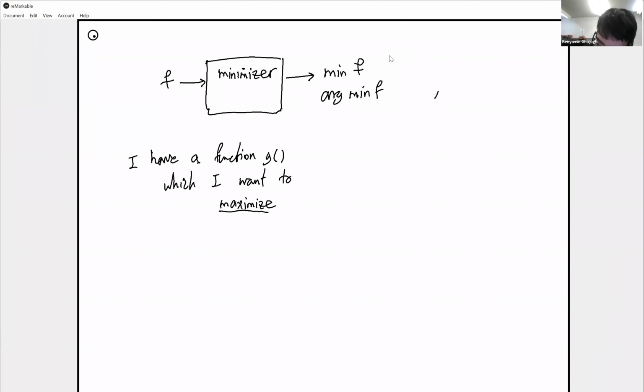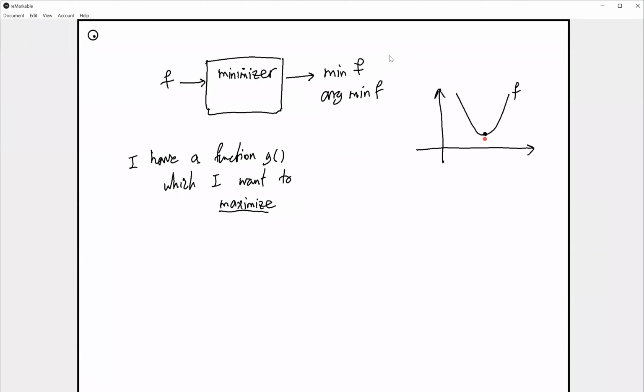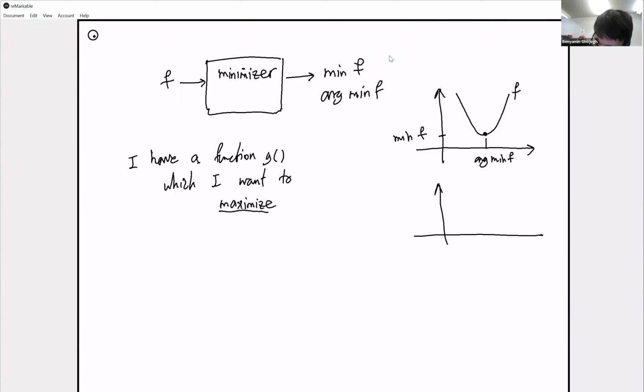So assume this black box, when I give it f, gives me argmin of f and min of f. Now I want to maximize the function g.